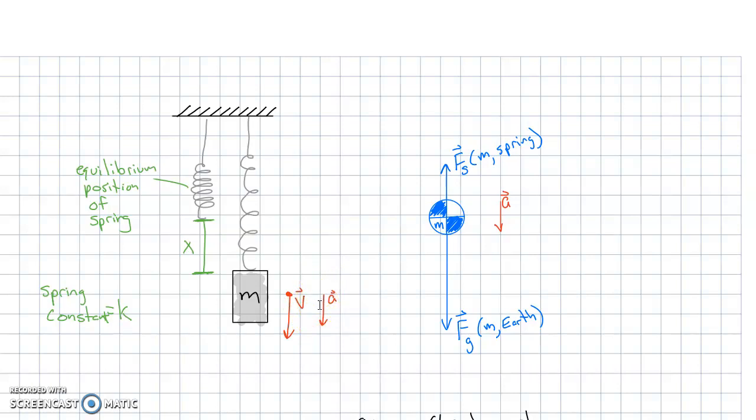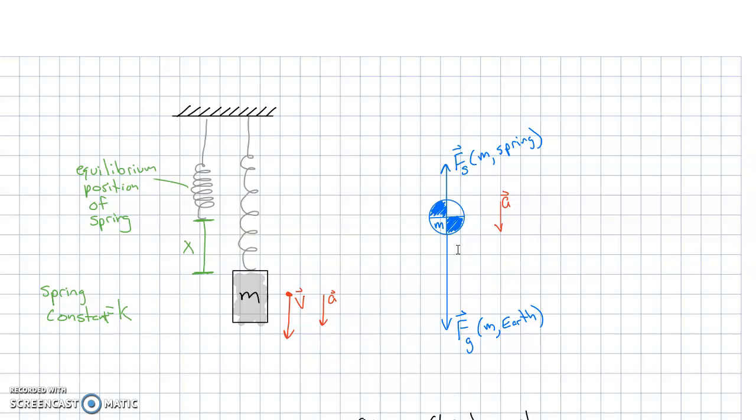So one of the first things to do when considering open and closed systems, we want to look at a free body diagram. A free body diagram is something we use to analyze the forces that act on it. If you need a little bit of refresher on that, you want to check out my video on how to draw free body diagrams.